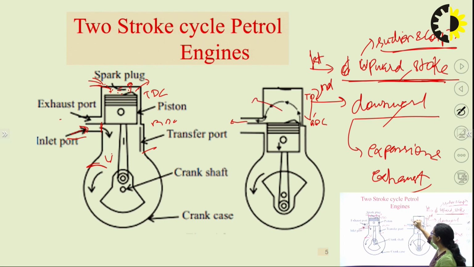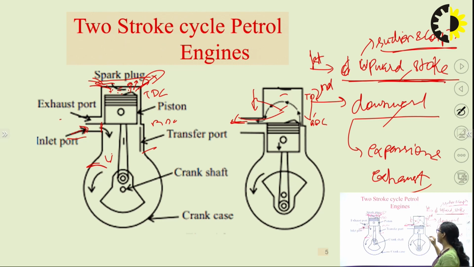At the end of compression, if I am talking about the SI engine, then there will be a spark plug, and if I talk about the CI engine, then remember there will be a fuel injector. Whatever the way, the fuel will be ignited here and heat energy will be released by the burnt gases. So it will move the piston downward, and in this way the exhaust port will be uncovered. From the exhaust port, all the burnt gases will be delivered outside to the atmosphere.